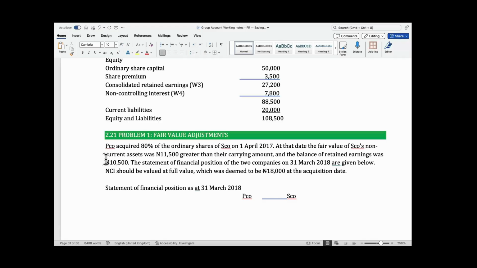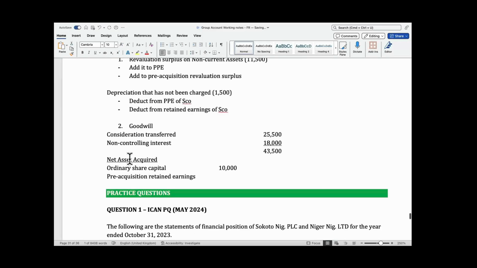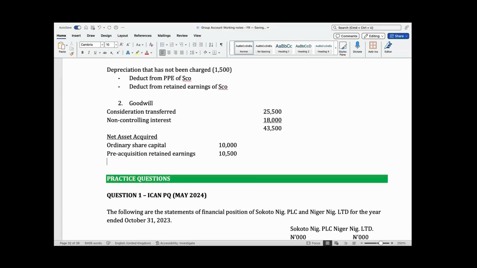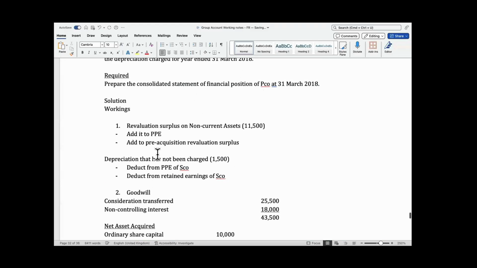Yeah, 10.5. This one. What's the pre-acquisition revaluation surplus? 11.5.